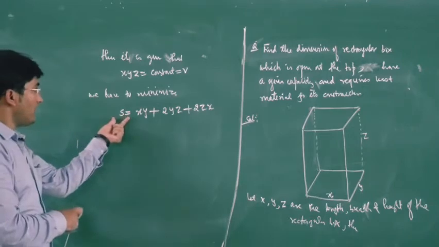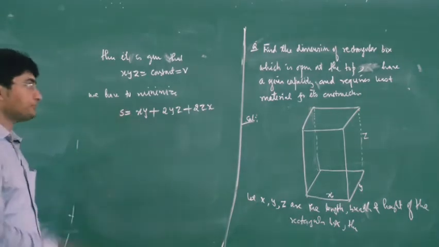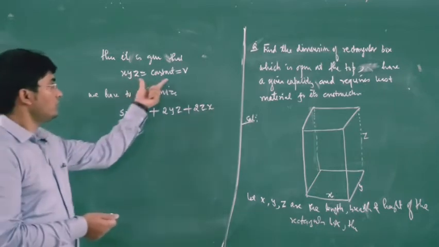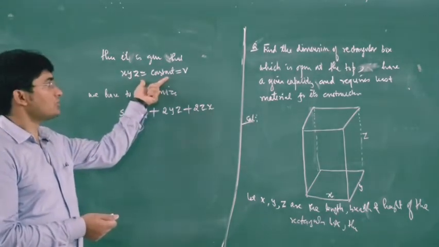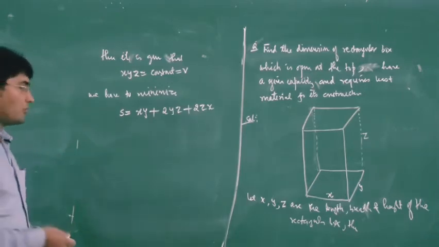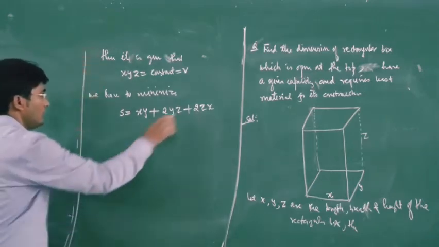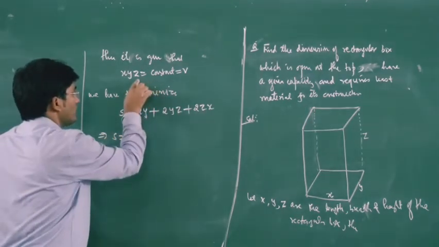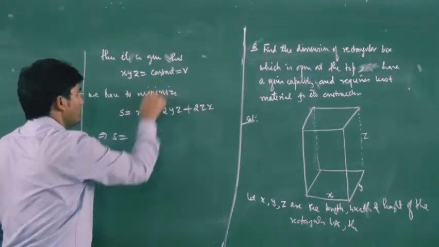Now we have to minimize this surface area, and for that we have to find out the dimensions of the rectangular box. Now here we can put the value of z from here, so z will be b upon xy.